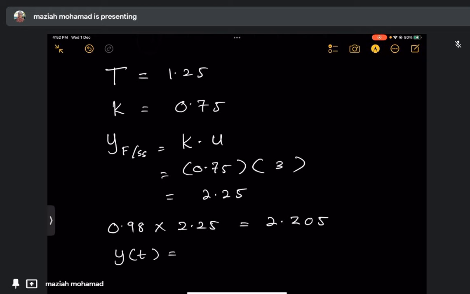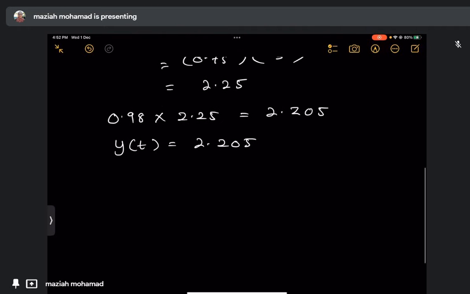So y(t) equal to 2.205, and we want to find what is t there. We put it into the standard equation: y(t) is equal to K multiplied with 1 minus exponent negative t over time constant.